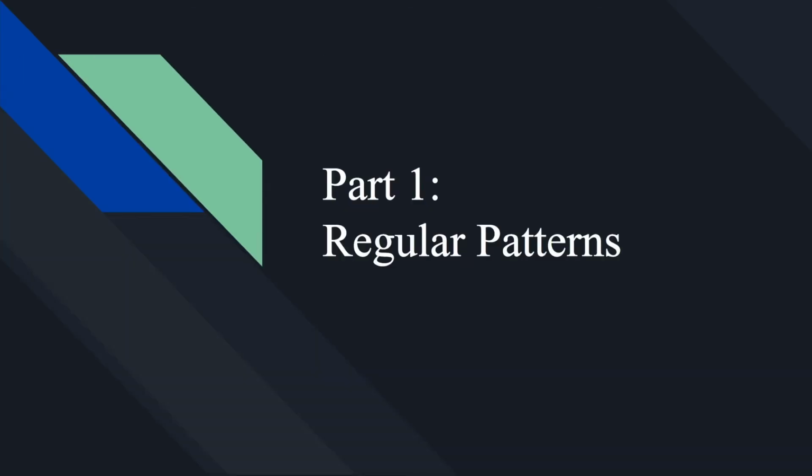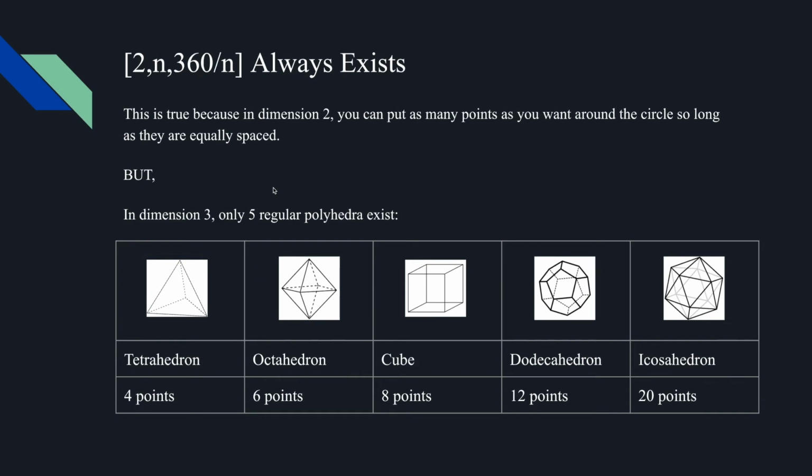So there are two parts. Part one is regular patterns. Part two will be irregular patterns. This is a chart of the five regular polyhedra in dimension 3, their names and the number of points, or vertices, however you want to call it. And at the top, you'll see this notation 2, n, 360 over n.